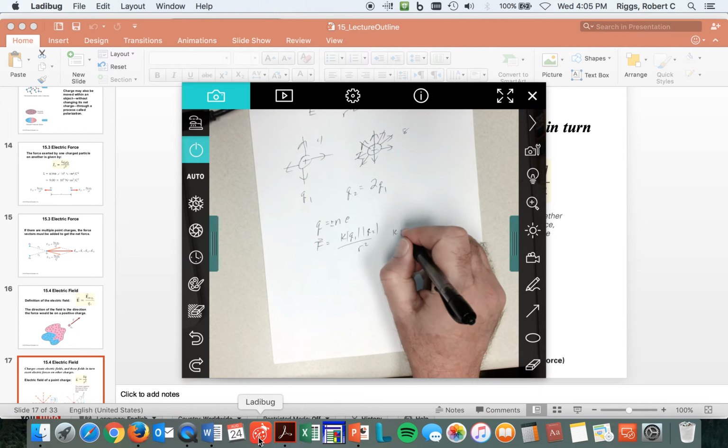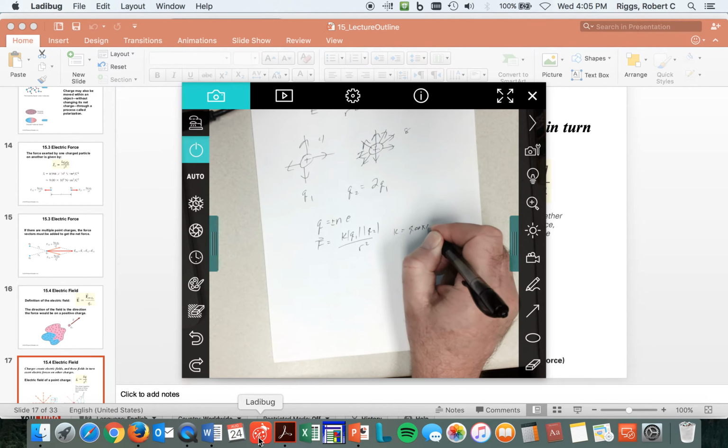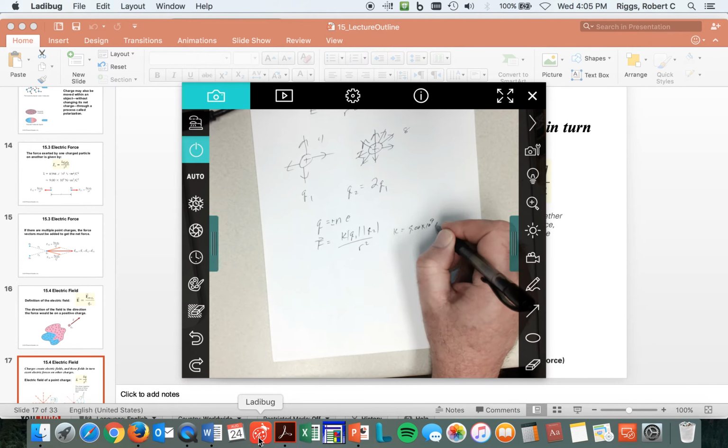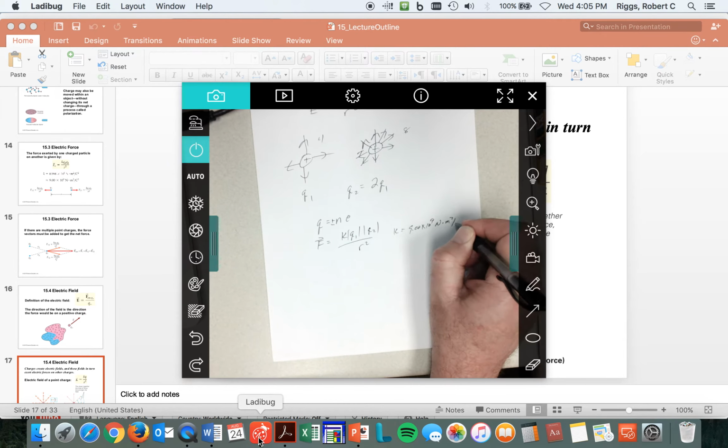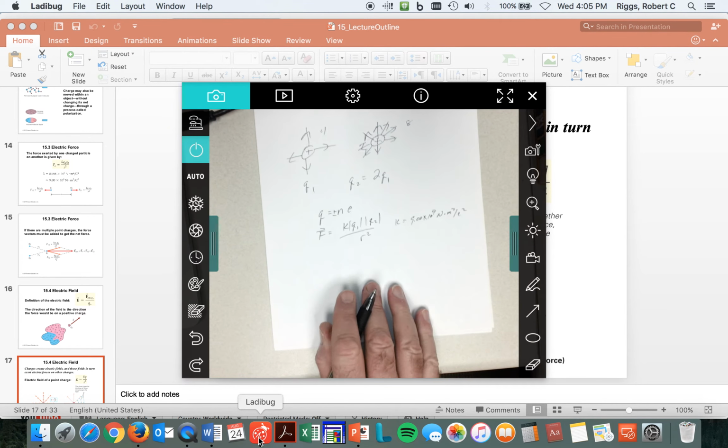Where we learn that k was equal to 9.00 times 10 to the positive 9 newton meters squared per coulomb squared.